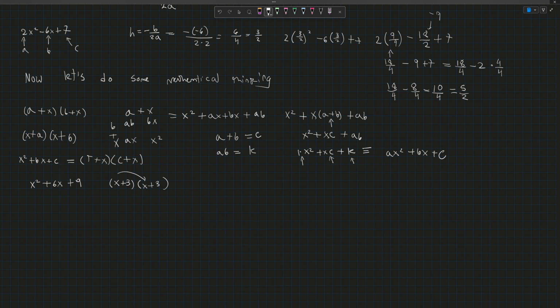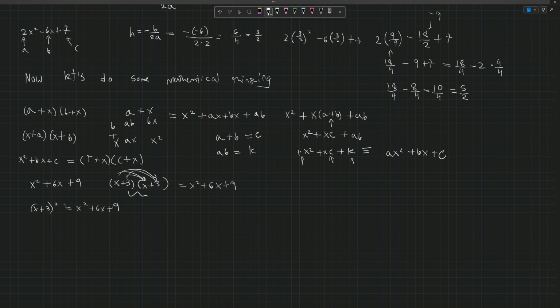This becomes 3x. This becomes 3x. This becomes 9. And then you would essentially get this plus this. That works. And what's really interesting about it is that you could also rewrite it as this, because it's just itself multiplied 2 times. And this is basically the same thing, and this is equal to 6x plus 9.